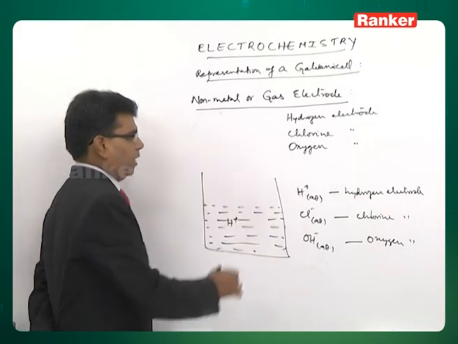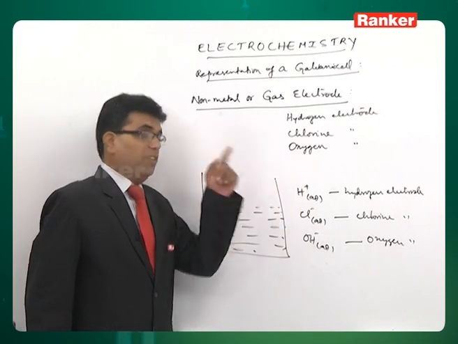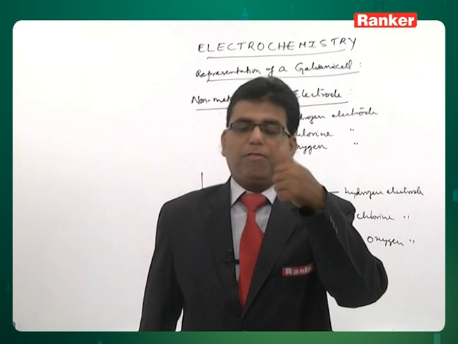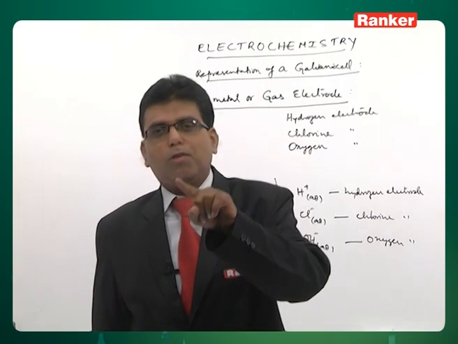Any of the solutions can be taken. For example, if you take HCl, that solution can be used as an electrolyte for a hydrogen electrode as well as a chlorine electrode.